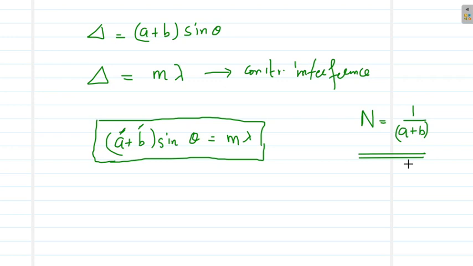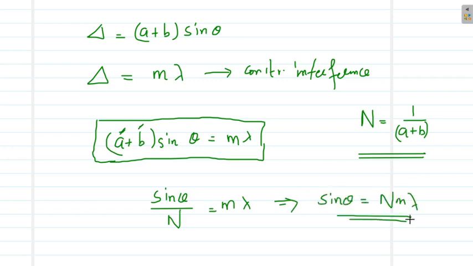Now, applying this equation, we can write sine theta divided by n equal to m lambda, or sine theta equal to n m lambda. So this can also be stated as the equation for the plane transmission grating for us to have a bright point.